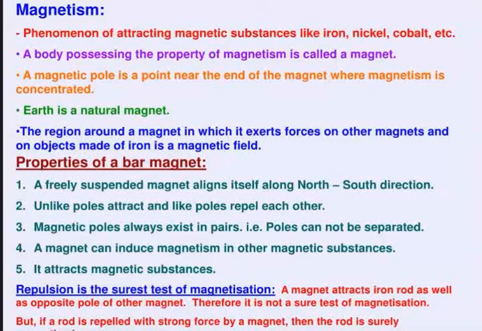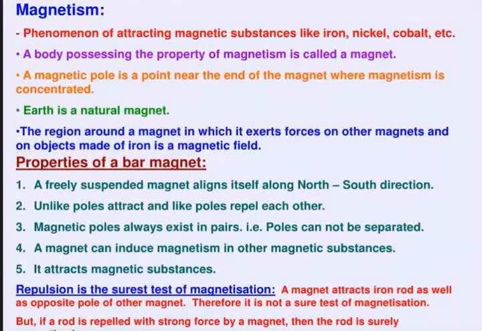So for convenience, the scientists decided to represent the two poles of the magnet as south pole and north pole. Now, Earth itself acts as a natural magnet. We will discuss that.